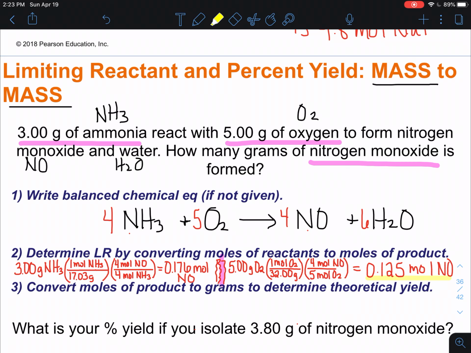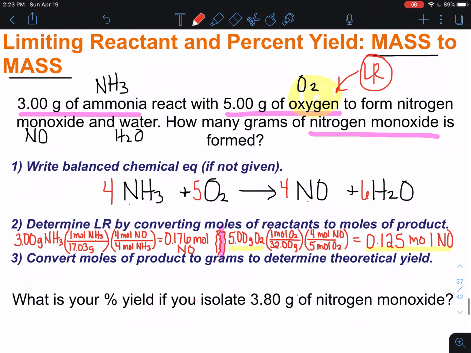So what is our limiting reactant? It's oxygen, okay? Oxygen is our limiting reactant because it produced the least amount of product.